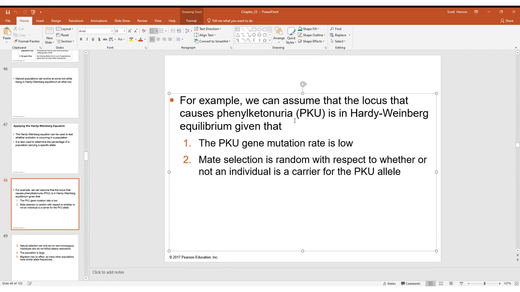But we can assume that the locus that causes PKU is in Hardy-Weinberg equilibrium because, number one, the PKU mutation rate is very low, and mate selection is pretty much random with respect to whether or not someone is a carrier for a PKU allele, because most people that are carriers for PKU allele don't even know they're carriers, and so mating with respect to that allele is pretty much random in the population.